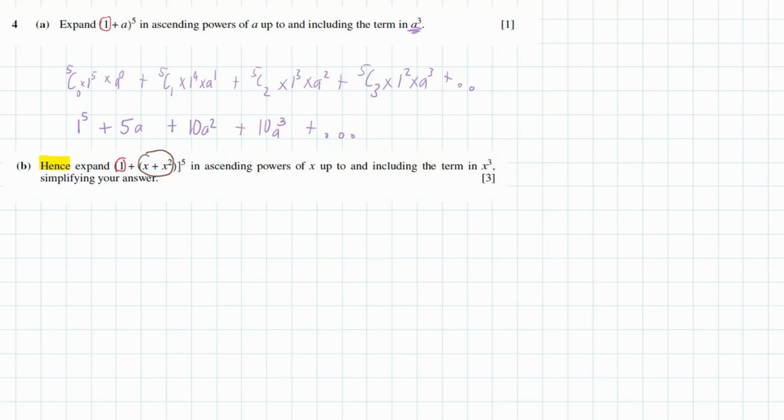And then we've got this to the power of 5 business. So the only thing that seems to have changed is that a has become x plus x squared. So that means we're just going to need to replace all of our a's, as you can see here, with x plus x squared. So that's what we're going to do.